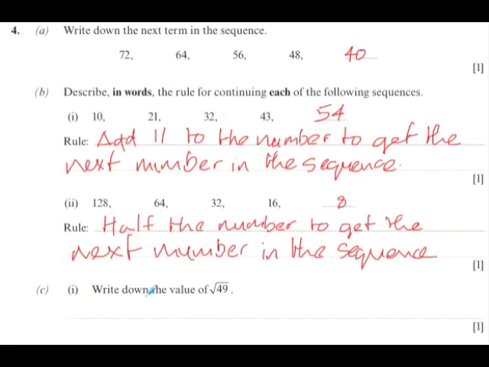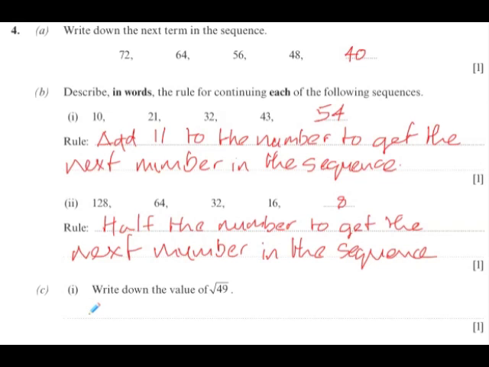Okay, write down the value of, and that symbol means square root of, write down the value of the square root of 49. That means which number multiplied by itself will give you 49. Now again, they're not going to make that difficult, so it's going to be a whole number they're going to use.